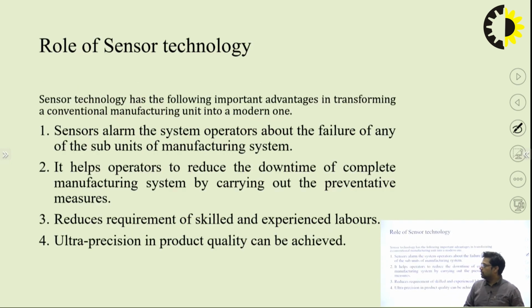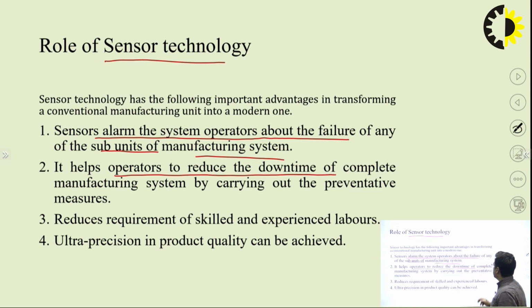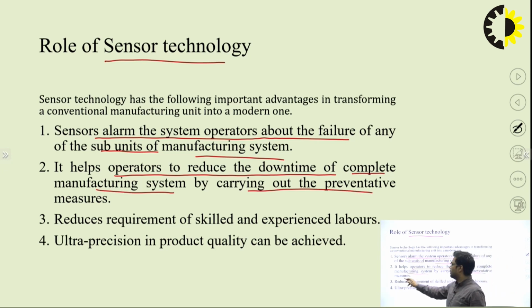Now, regarding the role of sensor technology in the latest systems, we use sensor technology, for example, as a sensor alarm. The system operates on the failure of any subunit of the manufacturing system. It helps the operator reduce the downtime of the complete manufacturing system by carrying out preventive measures.